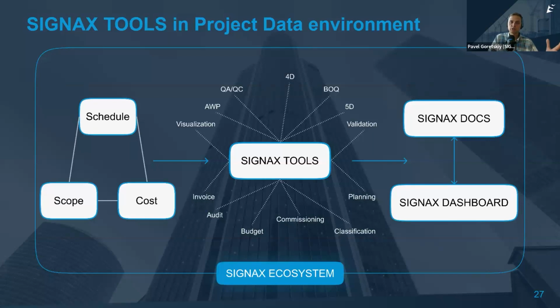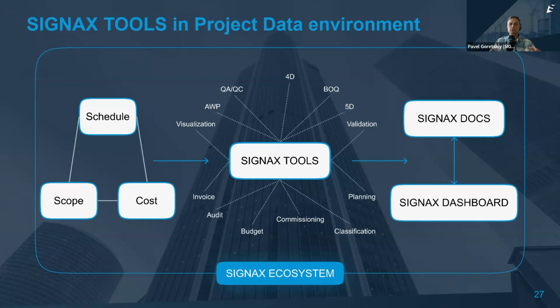Finalizing our workshop, I would like to discuss the SIGNAX ecosystem. Tools and other models cover a wide variety of tasks in construction projects and are useful at every stage for all project participants. I recommend using all SIGNAX models together, and here's why. When used together, they cover most clients' needs.